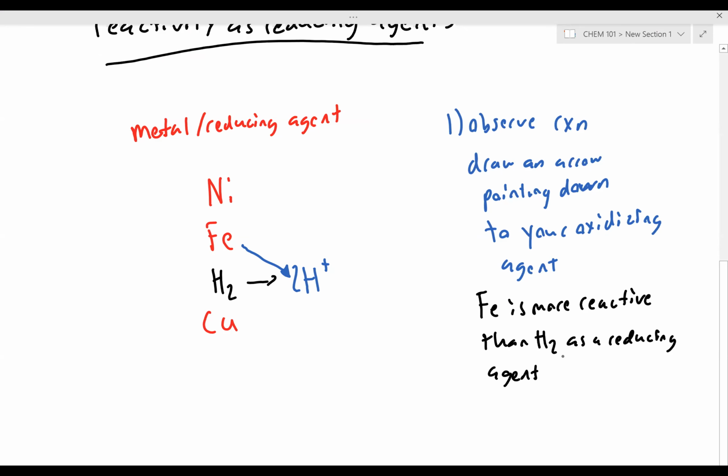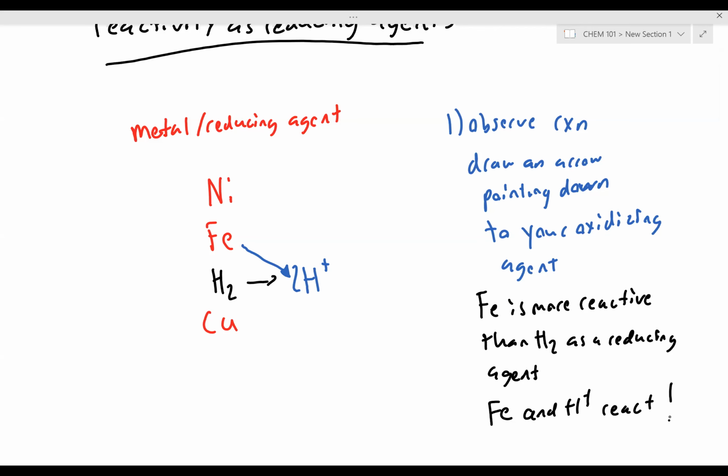In other words, iron and H+ can react. Does that make sense? From the fact that we observe a reaction, we put iron above H+ on our activity series. You draw your arrow down.